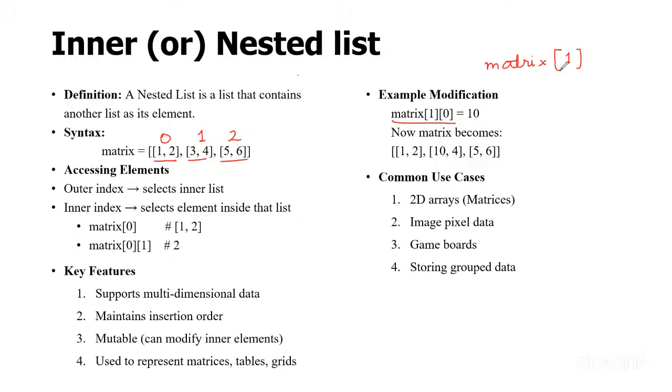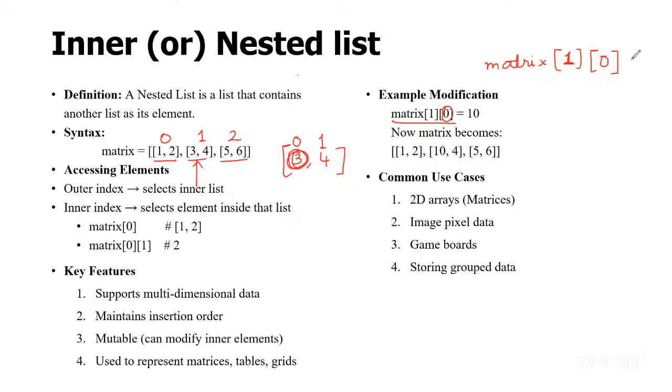So 1 means it will access this list, and inside of that I'll give one more bracket. So 0 means, inside of this, 3 comma 4, the indexes are 0 and 1, right? First element index is 0, second element index is 1. So I want to access the 0th element, which here is 3.